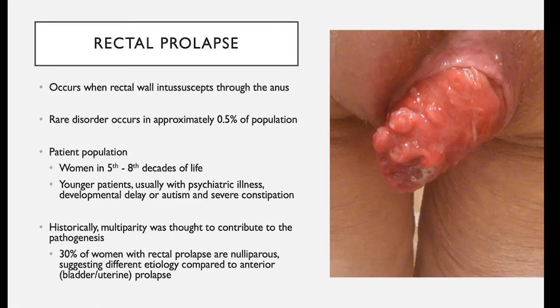If it occurs younger than that, it's usually in association with psychiatric illness, developmental delay, or autism, which I think is more so associated with severe constipation. Historically, multiparity was thought to contribute to the pathogenesis, but about 30% of women with rectal prolapse are nulliparous, so there seems to be some other etiology other than just multiparity.